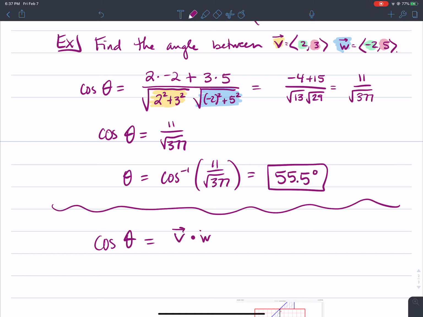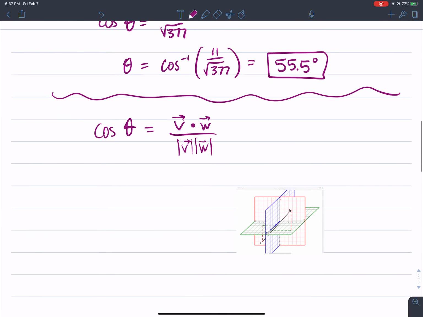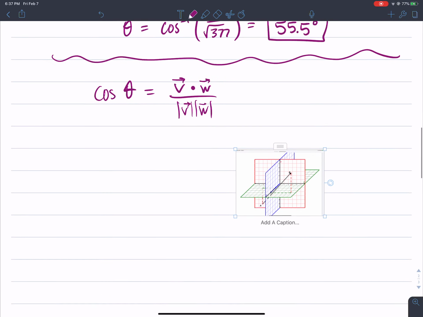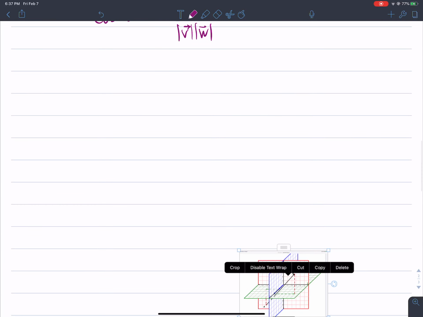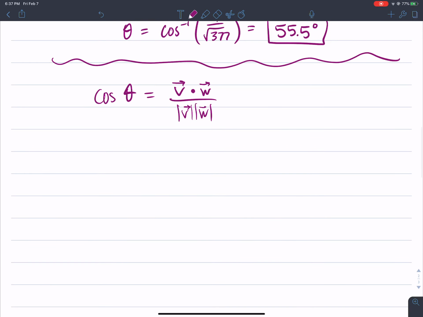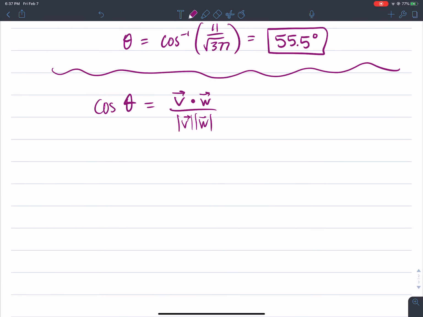All right, so think about this. If your angle is 90 degrees, I want you to think and imagine this is 90 degrees right here. What is the cosine of 90 degrees? 0. That's right, class, it's 0.